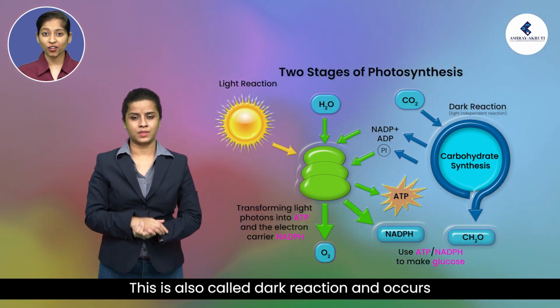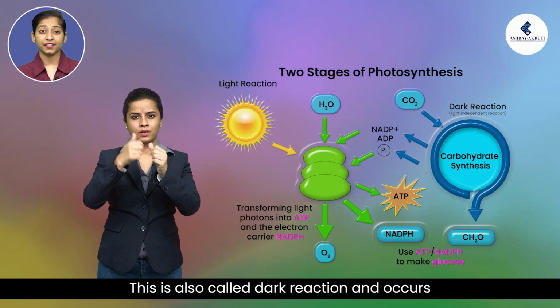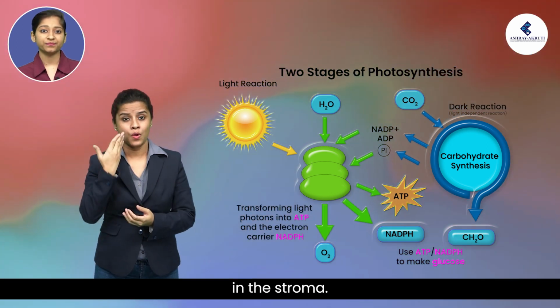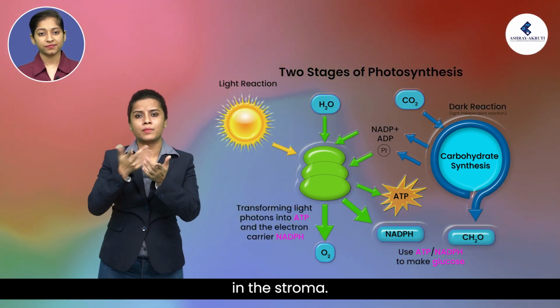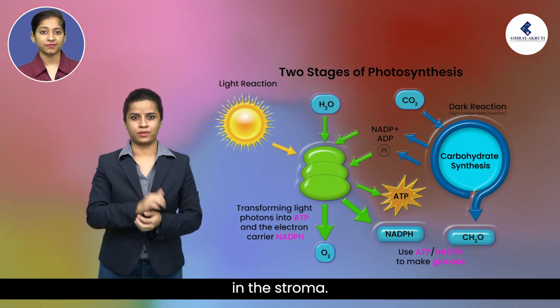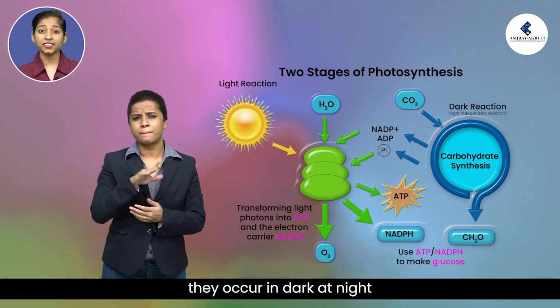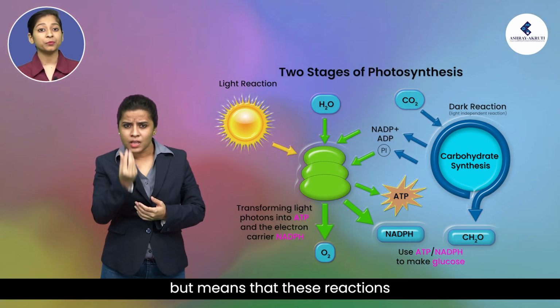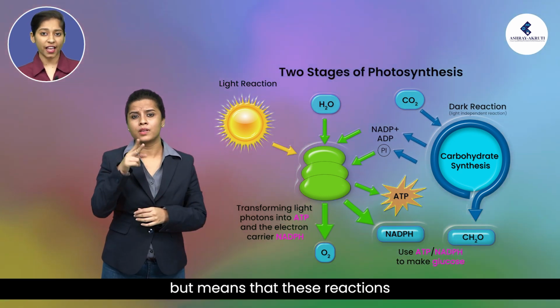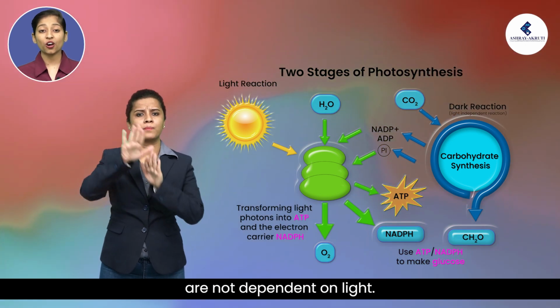This is also called dark reaction and occurs in the stroma. The dark reaction does not mean that they occur in the dark at night, but means that these reactions are not dependent on light.